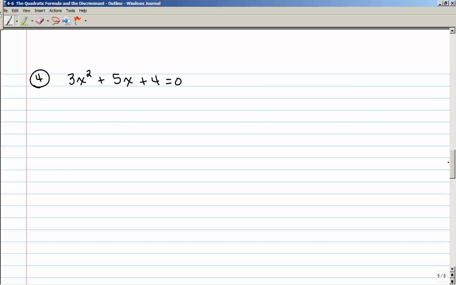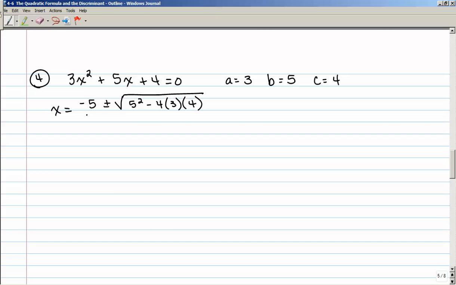And number 4 here. A is equal to 3, b is equal to 5, c is equal to 4. x equals negative 5 plus or minus the square root of 5 squared minus 4 times a, which is 3, times c, all over 2a.